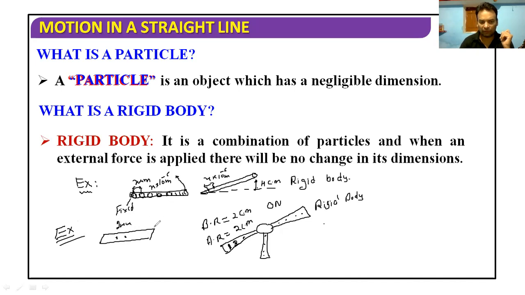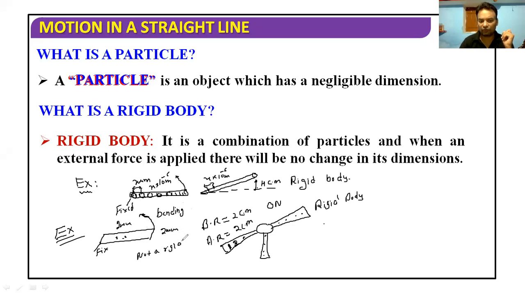If I fix this end and uplift the other end in this way, the distance between the 2 points changes, because it will show some bending. It's a plastic object, so the distance between the 2 points becomes less than 2 mm. So this is not a rigid body.